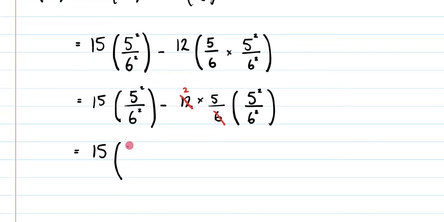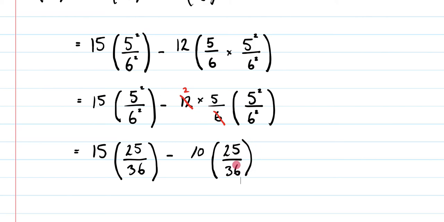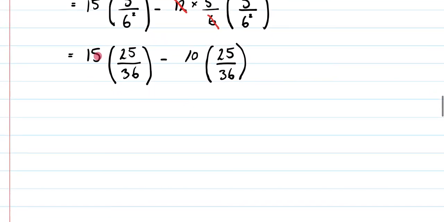This 5 squared is going to be 25, 6 squared is going to be 36, and then I'm going to be left with, on this side, 2 times 10. 2 times 5 is 10. And then here, I've also got 25 and 36. So I'm just treating those more or less as terms.